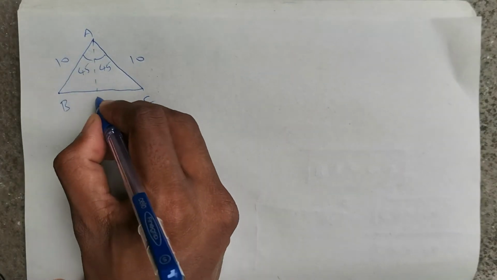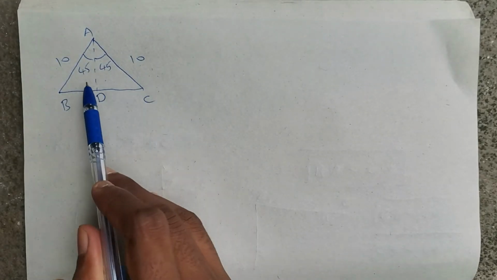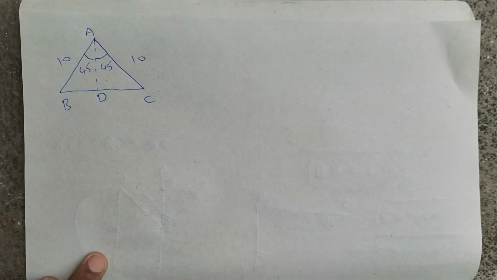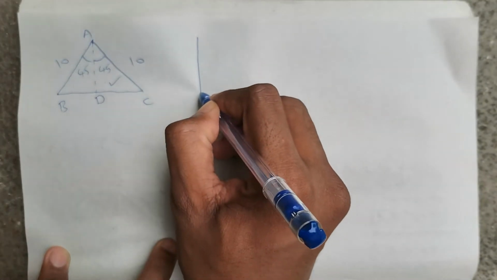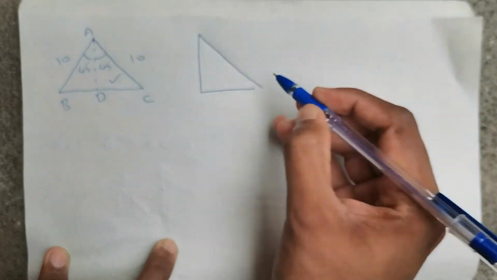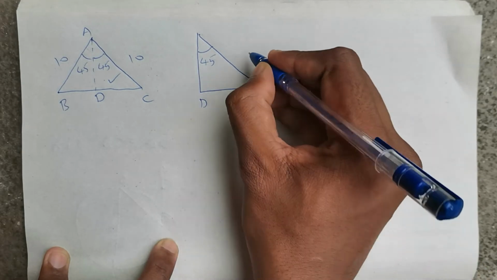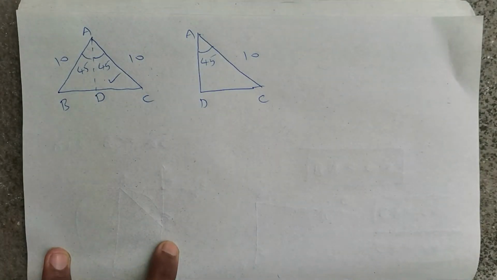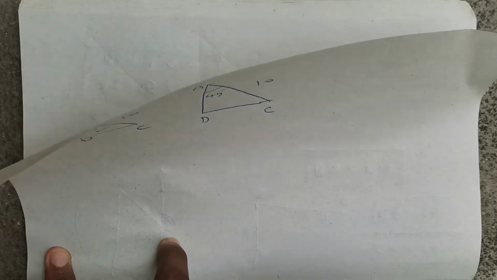Let me write here some point D. This right side is one triangle, the left side is one triangle, which are right angle triangles. So now I am taking this right triangle. Here it is 45 degrees, and this is point D, point C, this is 10 centimeters and this is point A. By using the trigonometry concept, we are going to find this CD as well as the AD measurement.